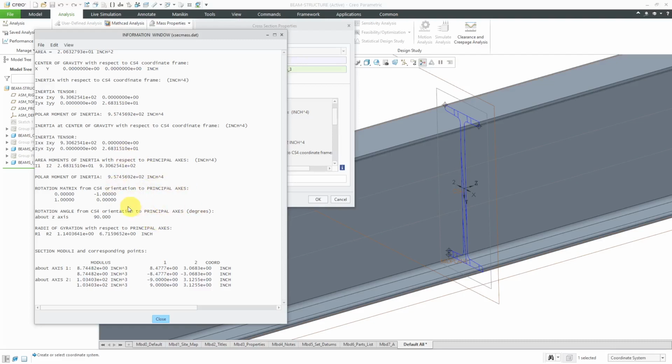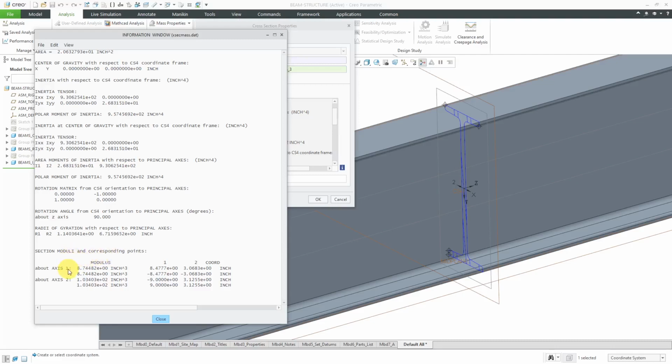More polar moment of inertia. Rotational matrix from that coordinate system to the principal axes. All right, radii of gyration over here. Again, it tells us what distance from the centroid would give us the same moment of inertia as this particular shape. And then we have our section moduli and the corresponding points.